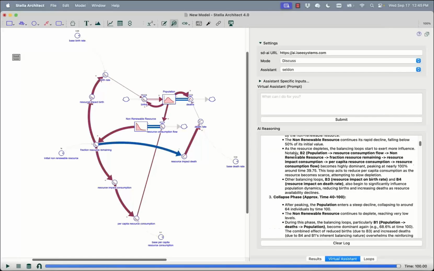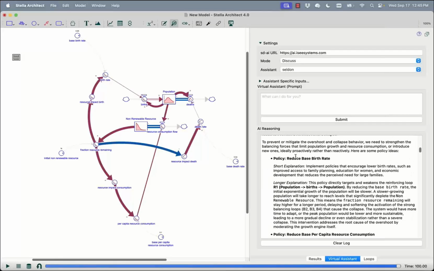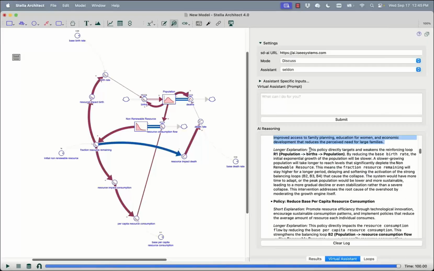So in this case, it talked about the overshoot and collapse and all of that. And it said, okay, first policy, reduce birth rates. Implement policies that encourage lower birth rates, such as improved, again, it thinks people, because we never actually corrected the name of population. This policy directly targets and weakens the reinforcing loop, R1, by reducing the birth rate.